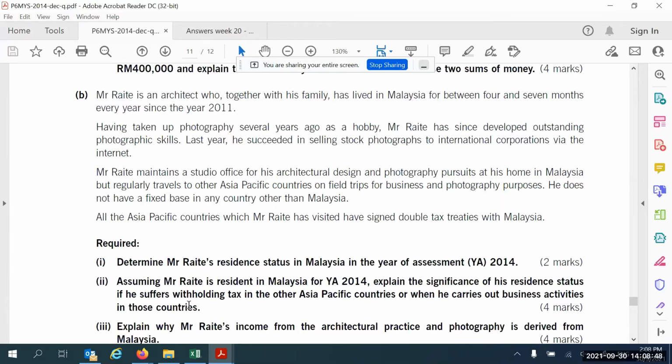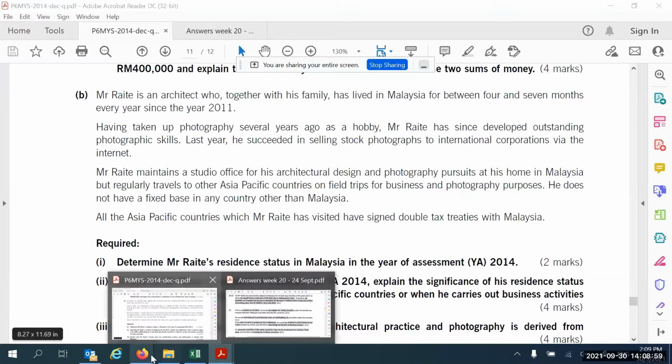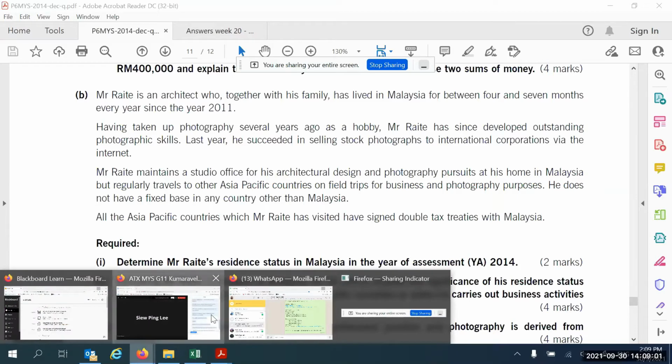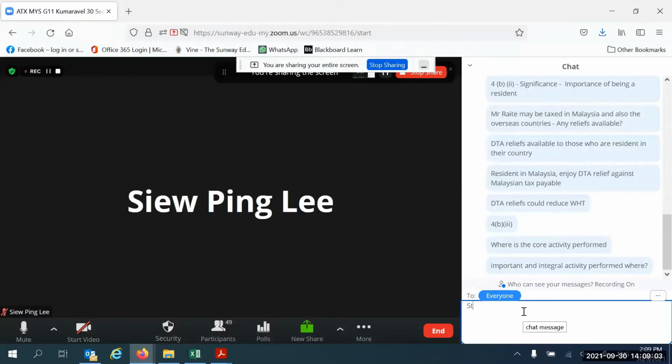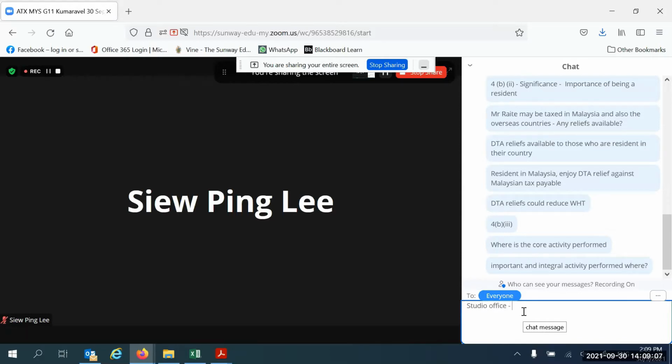If you look at these few things, I can get a clue that he maintains his studio office. So you need to elaborate that. Studio office, you can just use your own words, take a little from the text, is where his main activities are done.